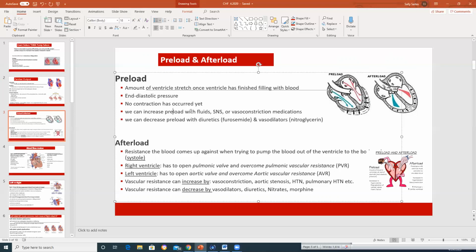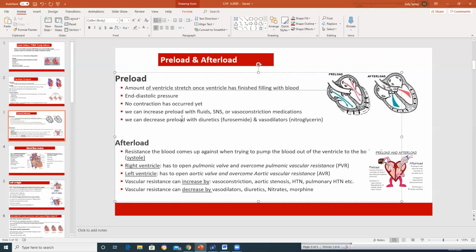So we can increase the preload with fluids, drugs from our sympathetic nervous system, agonists and vasoconstriction medications. Those all increase either the amount of fluid or how our sympathetic nervous system works to increase heart rate, increase blood pressure, and vasoconstrict.